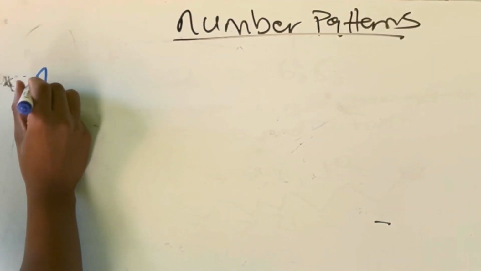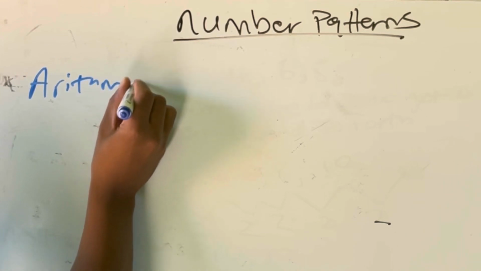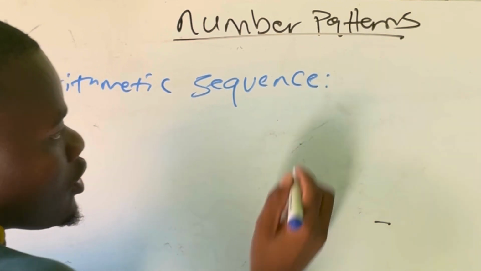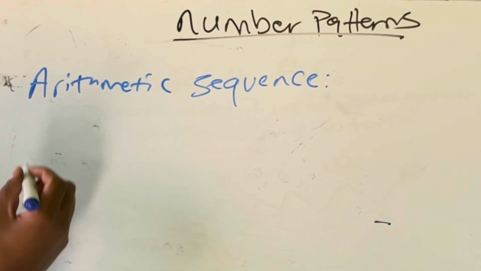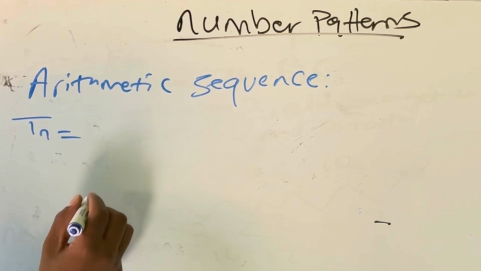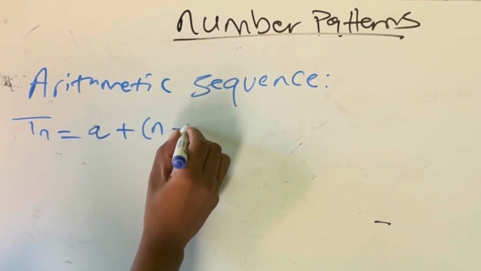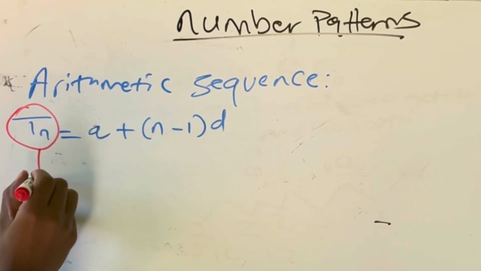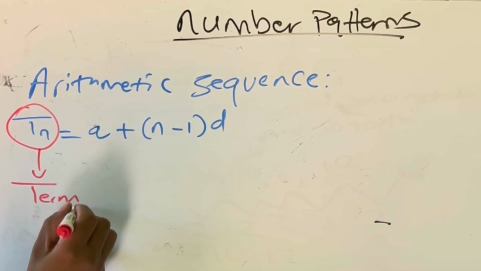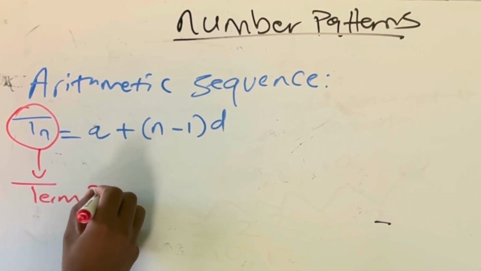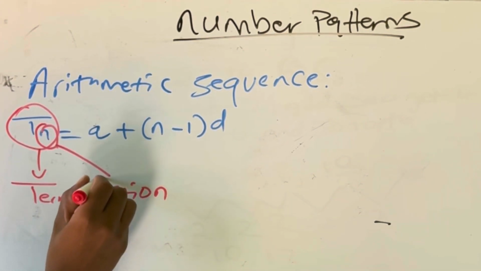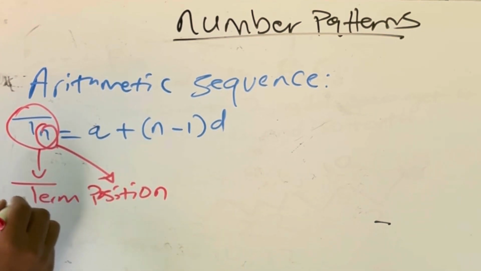Now we start with the arithmetic sequence. The arithmetic sequence is given by Tn equals a plus n minus 1 times d, where Tn is the term at position n. As we have said, n is the position, and T is for term.